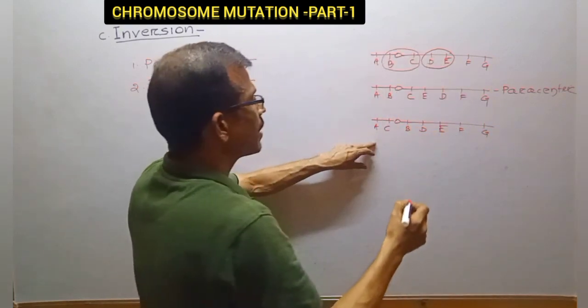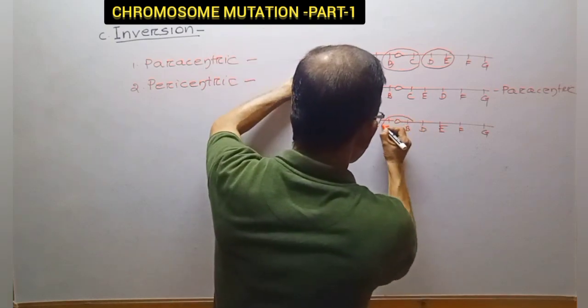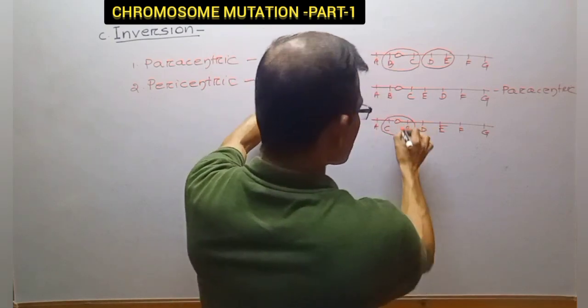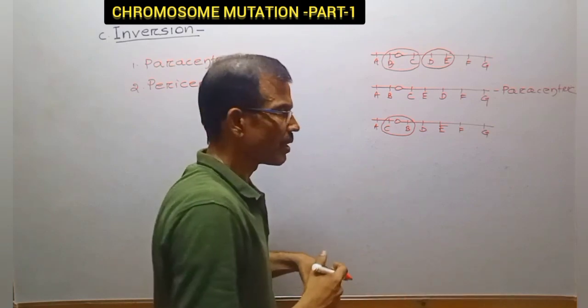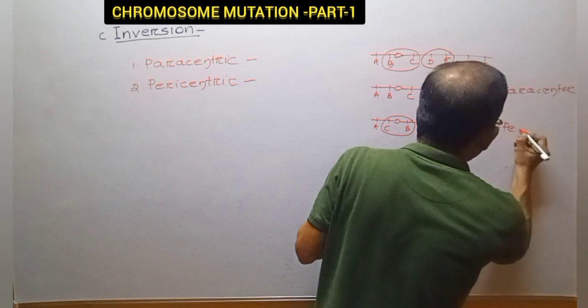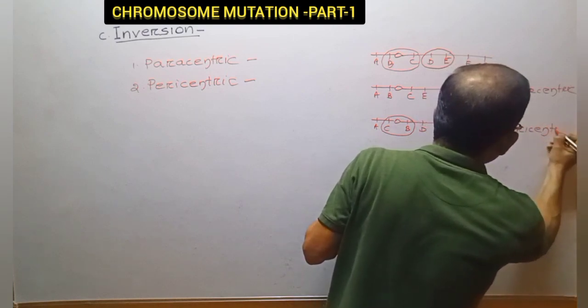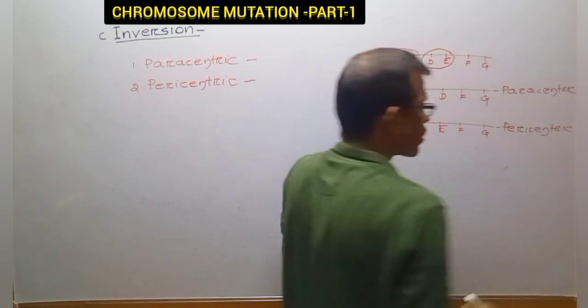So in this second example, the segment BC is inverted. So in this process, the centromere is included. Such type of inversion is known as pericentric inversion.